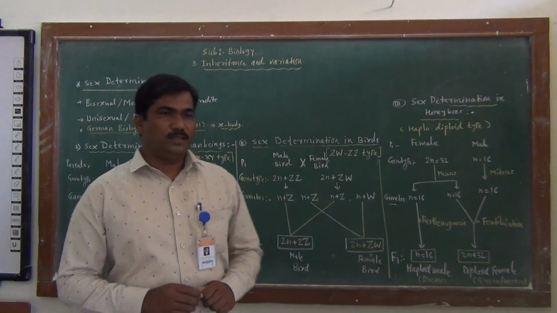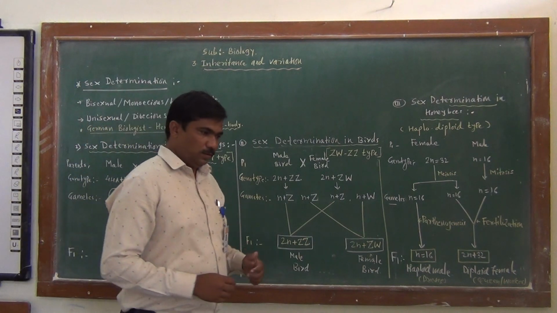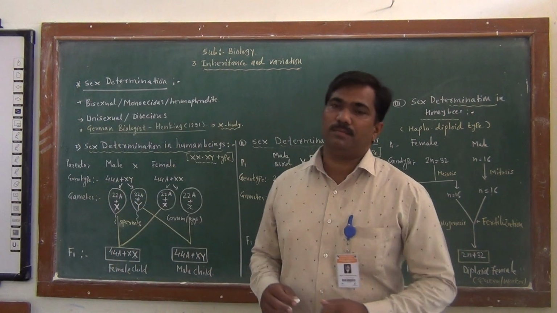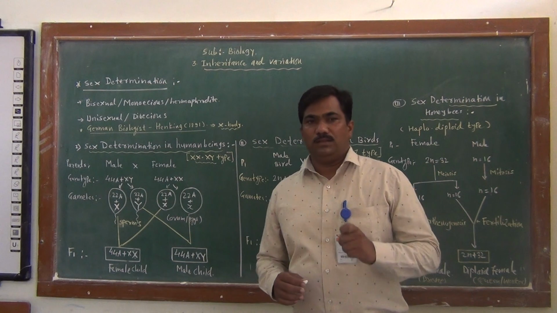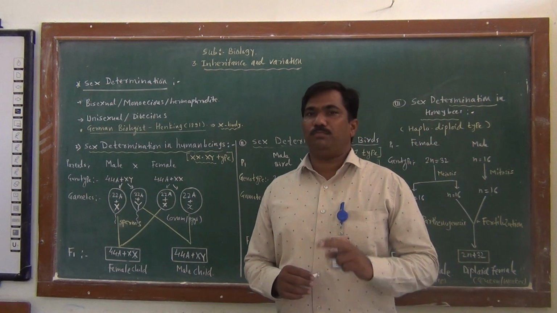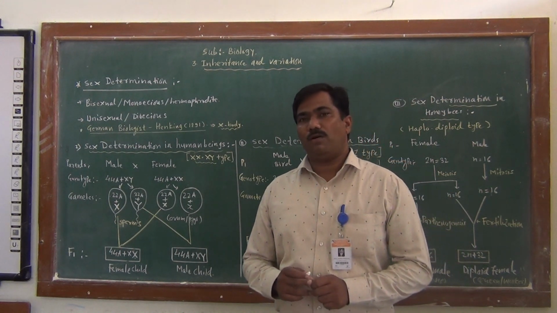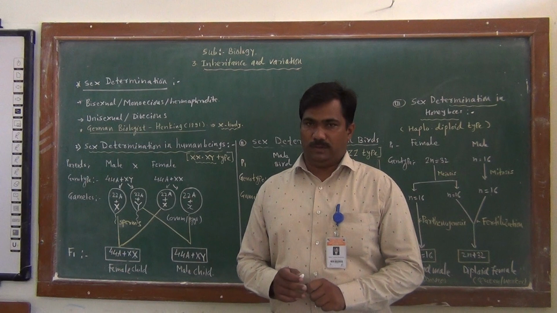Some organisms, for example the earthworm, have both male reproductive and female reproductive organs within the same individual.